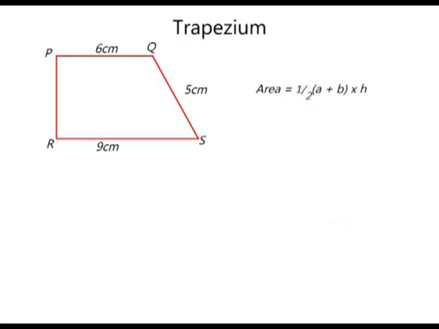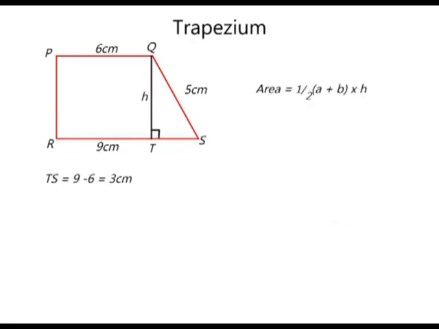Suppose we have this kind of a trapezium. We do not know the perpendicular height, but we can find it. If you drop a perpendicular here, the distance TS is equal to 9 minus 6, that is 3 centimeters. The perpendicular height has completed a right-angled triangle.